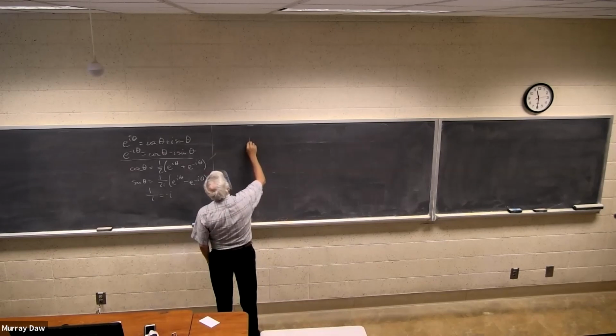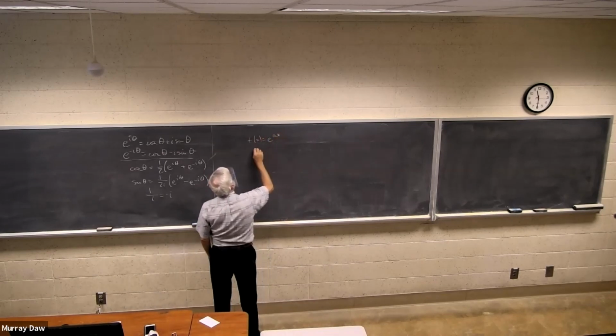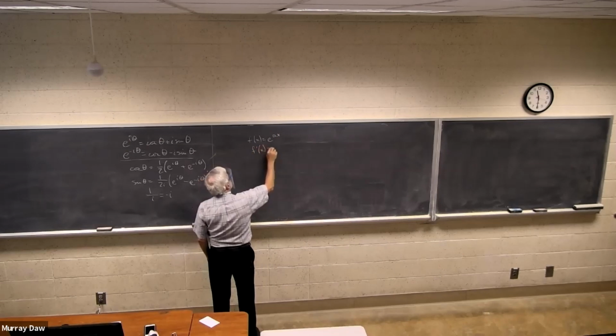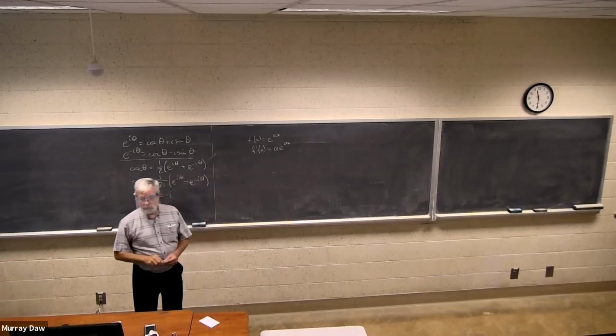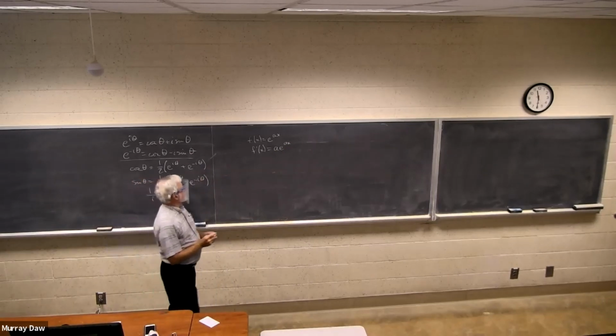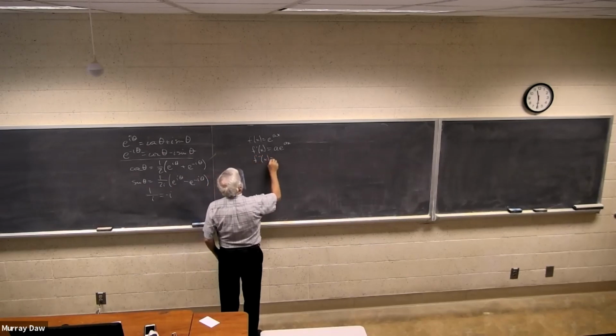So let's look at this function, f of x equals e to the ax. The x derivative is a e to the ax, right? And the second derivative then would be a squared e to the ax.